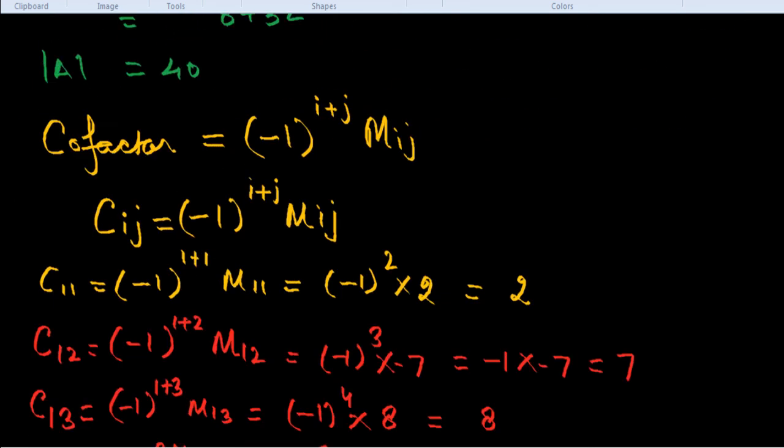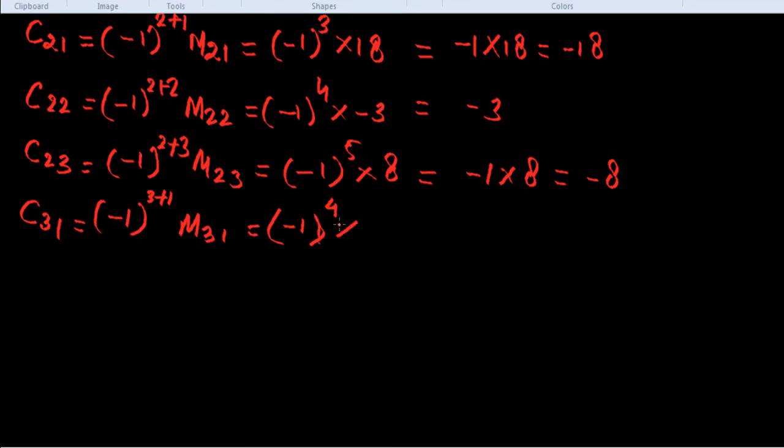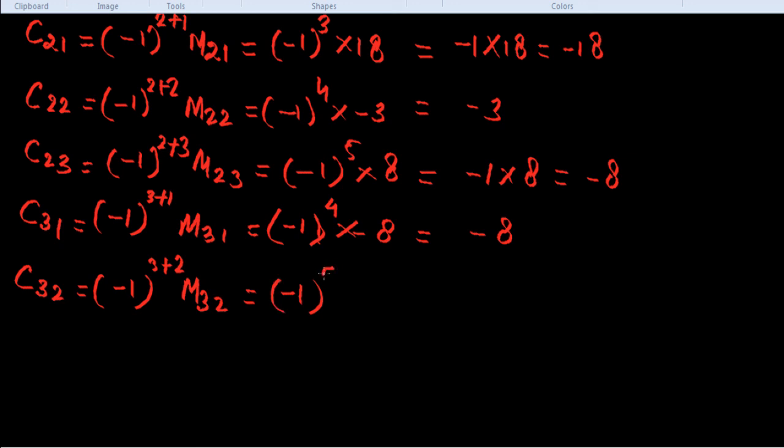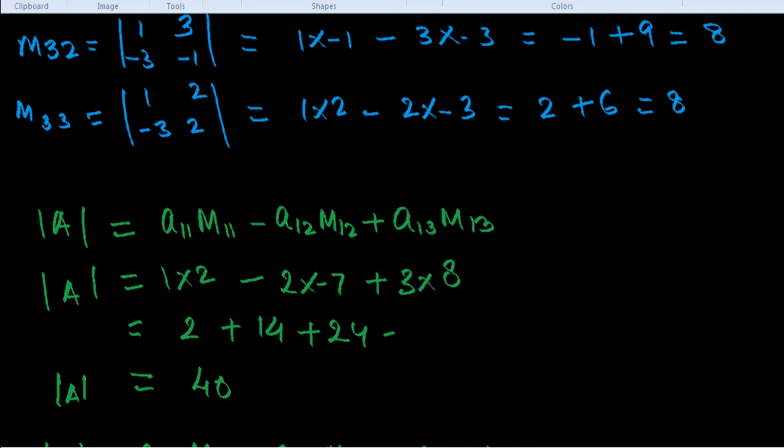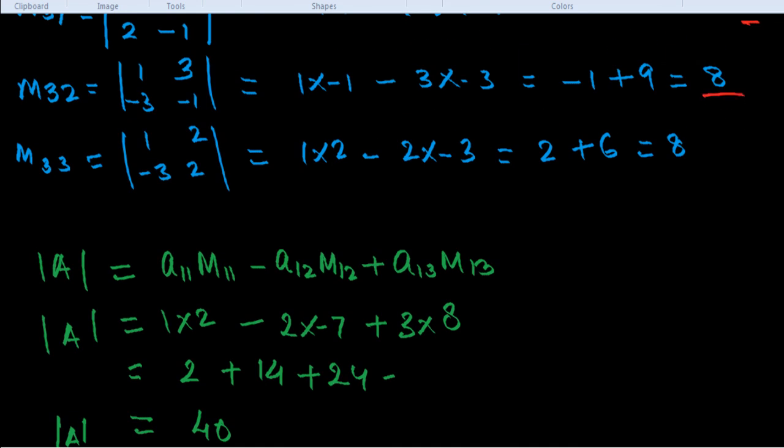We have to put here minus 8 again, and it will become minus 8 only because it is an even power. C32 is minus 1 to the power 3 plus 2 M32, minus 1 to the power 5, and the value of M32 is 8.